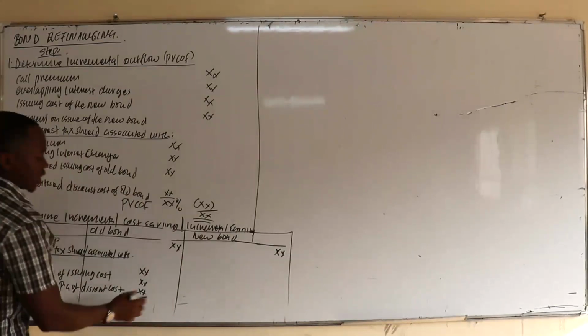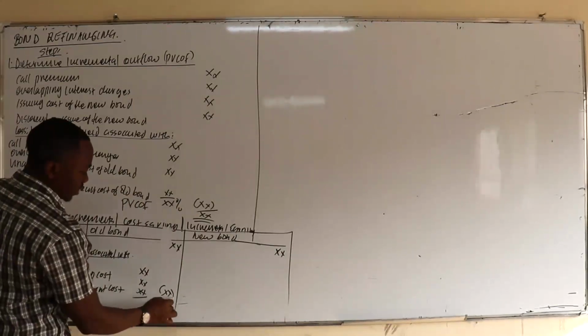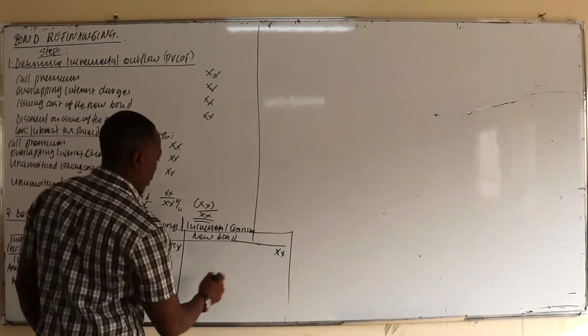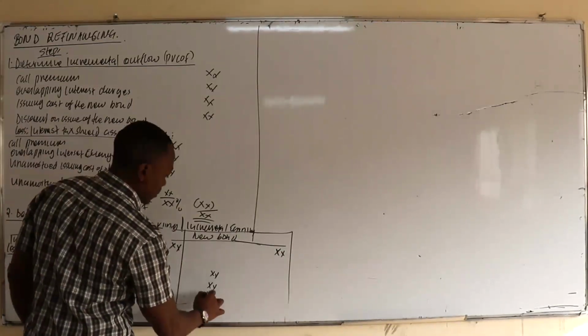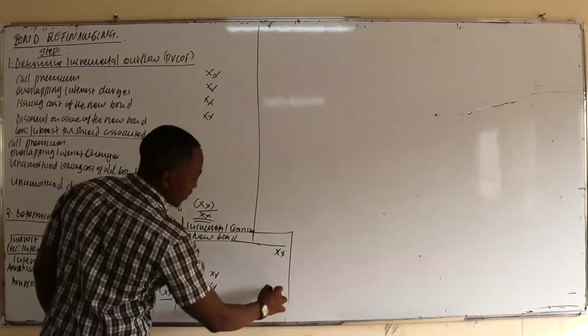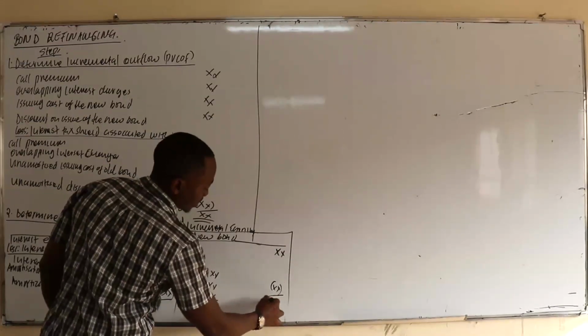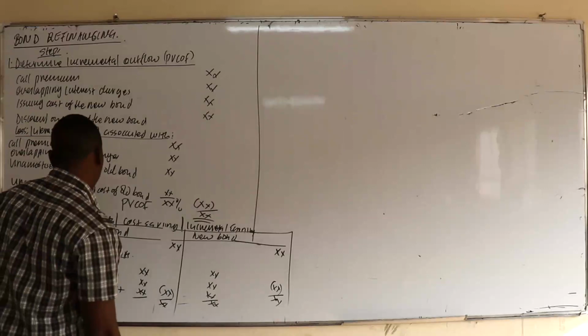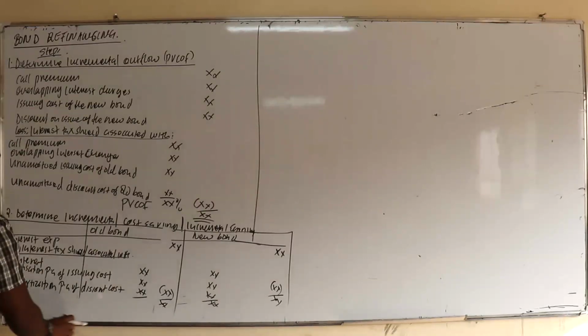Then what you get, you multiply by the tax rate. Also here, do the same. What you get, you multiply by the tax rate. Good. You get the net cost.